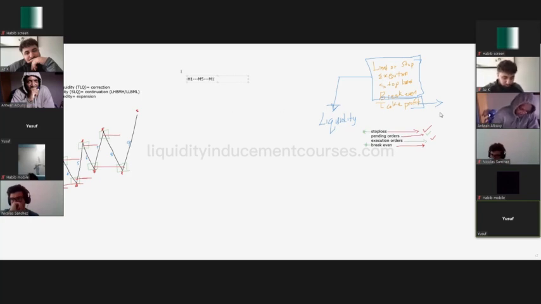Now, for the H1, your job with the H1 time frame, given the trading plan, is to identify where you are in the market. Are you writing that down, guys? Good. The H1 is there for you to identify where you are in the market.